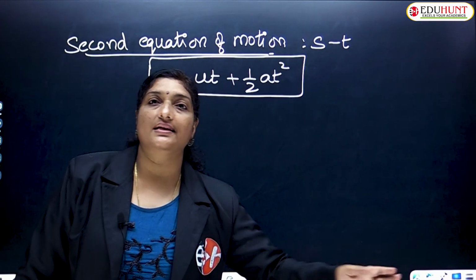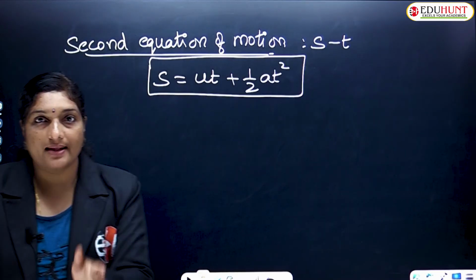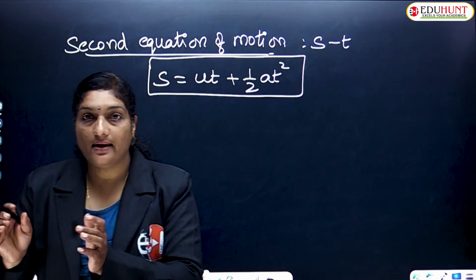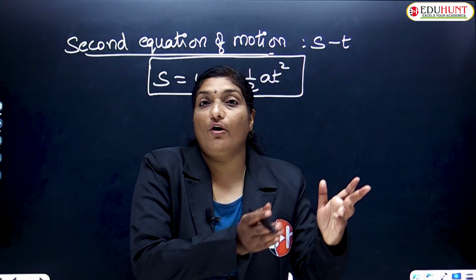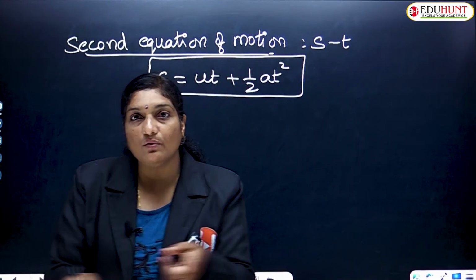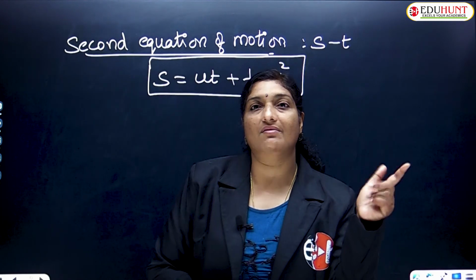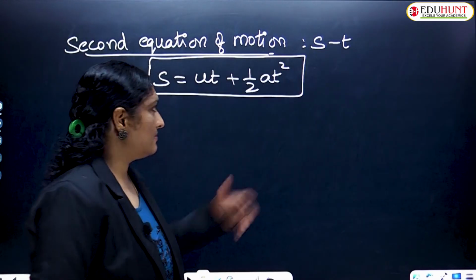Meanwhile this body covers a displacement s. Then s is equal to ut plus half at square. Let us try to derive the same.